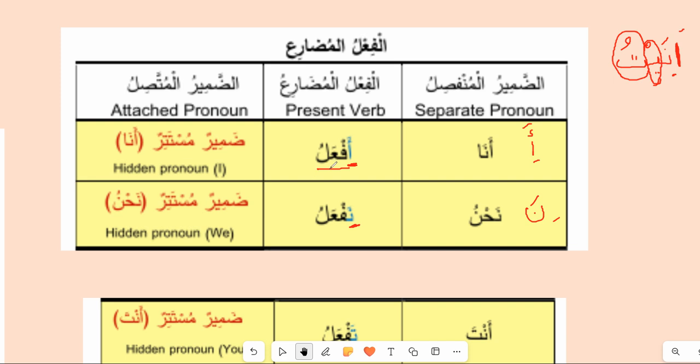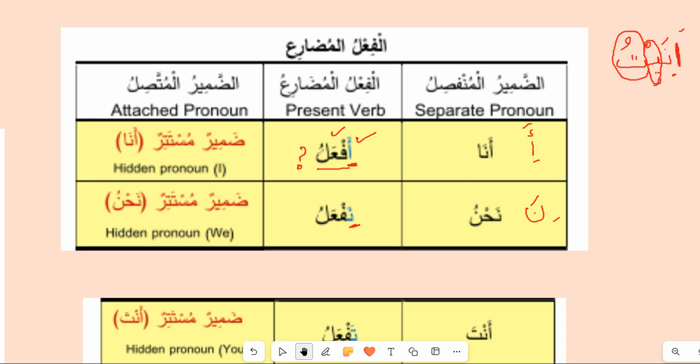When you see this fail, afalu, the first proof that it is a present tense is the harf mudare, the alif representing ana. And fa'ala is our fail. We saw the fail also, but where is the damir? The damir comes after the fail.